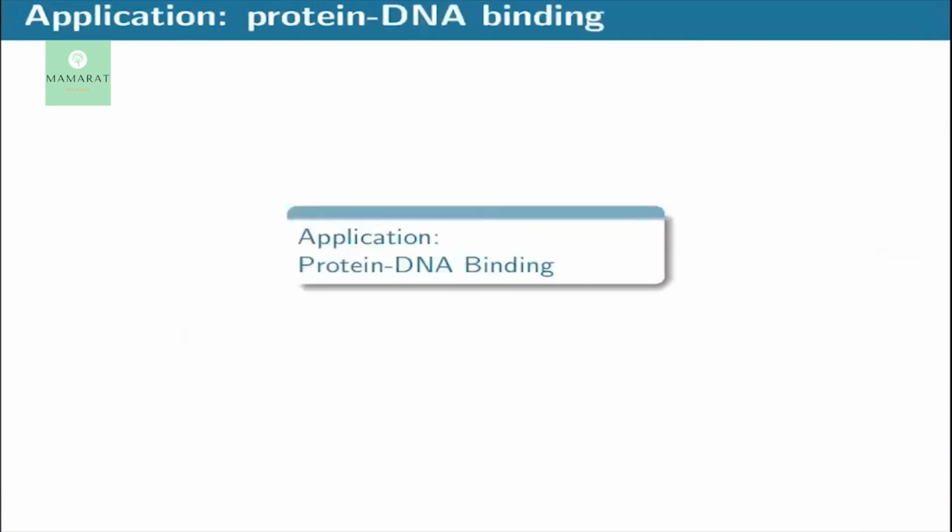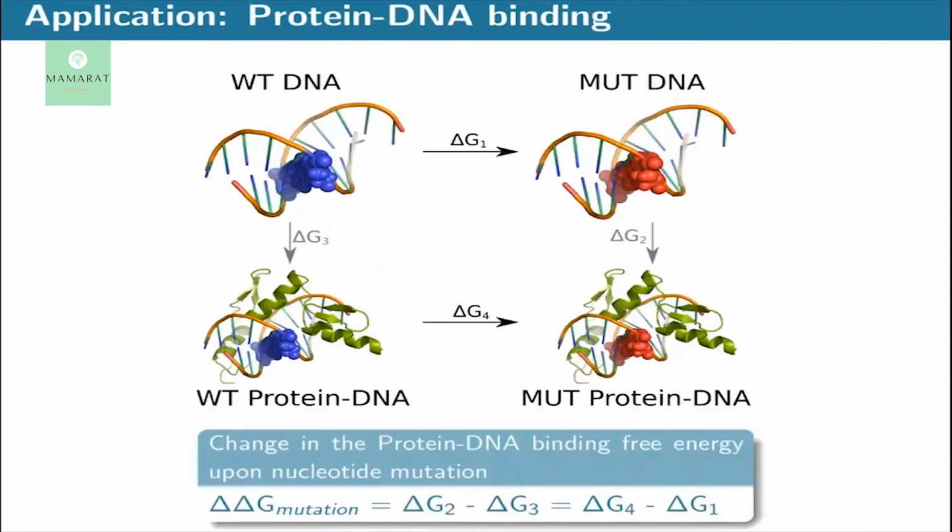Let's have a look at the application of these alchemical calculations to protein DNA binding. So the thermodynamic cycle is as follows. We are interested in mutating a nucleotide in a DNA which is in its unbound form.